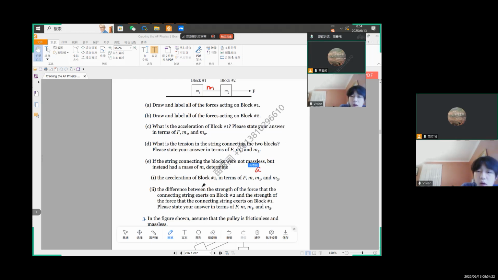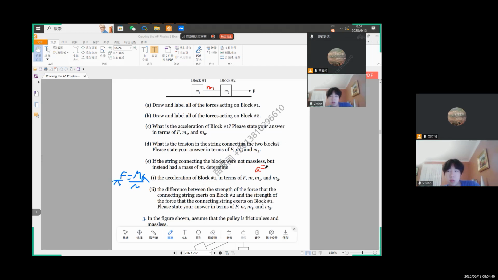I will use F equals ma, so a equals F over m.